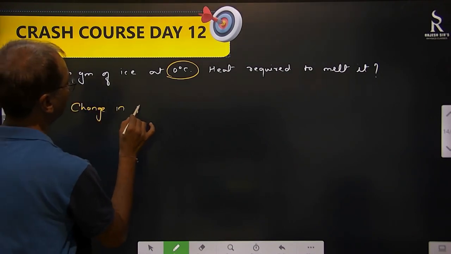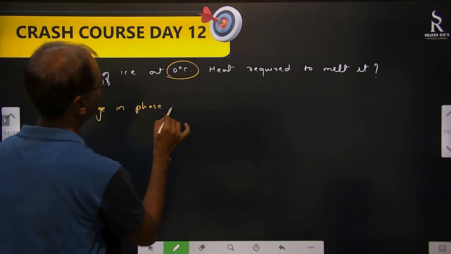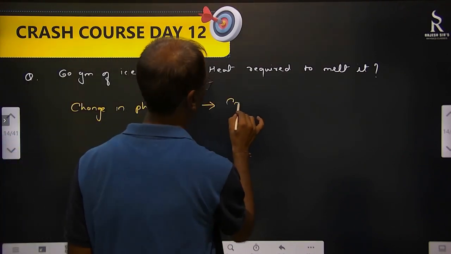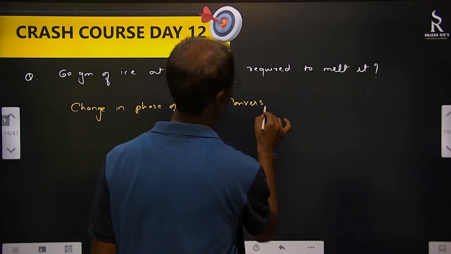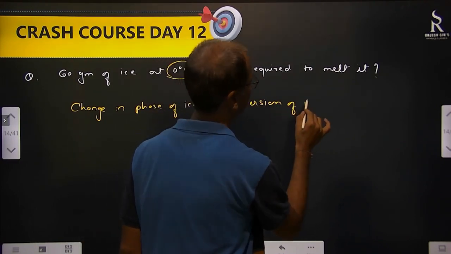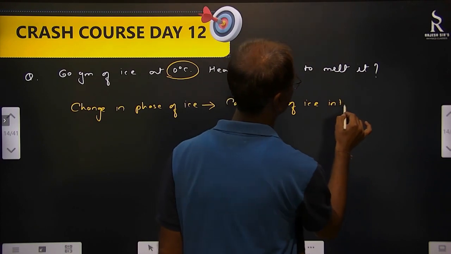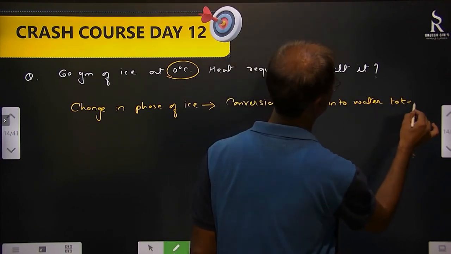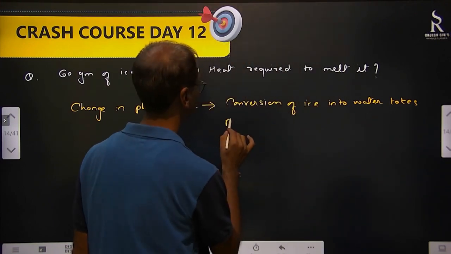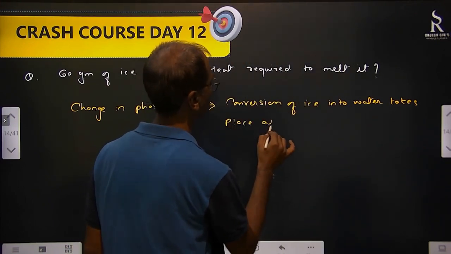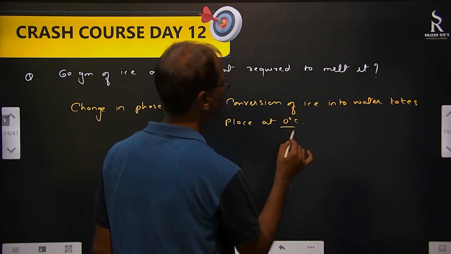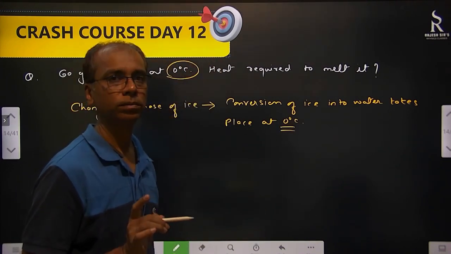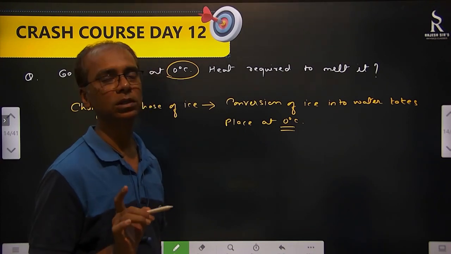Change in phase of ice, that is conversion of ice into water, takes place at 0 degree centigrade. And during this conversion, temperature is not going to increase at all. No increase in temperature.